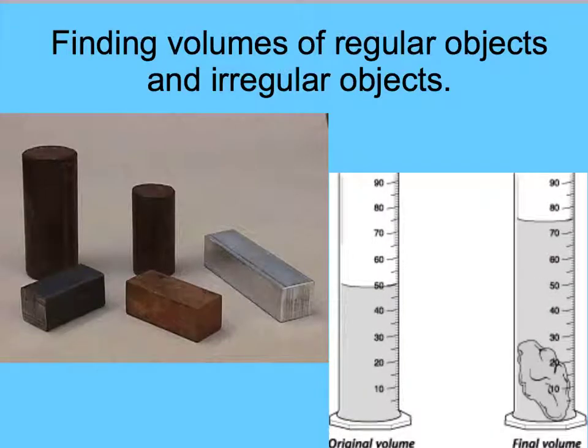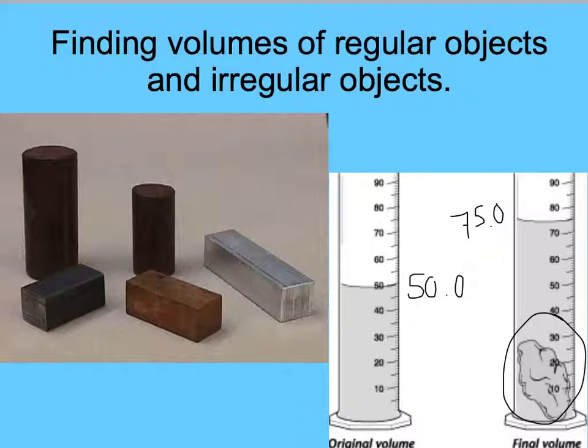Here's an example of how to find the volume of an irregular object in a graduated cylinder. So here you can look at this first cylinder, and it looks like it's at about 50.0. And then the second cylinder that has our irregular object dropped in it looks like it's at about 75.0.